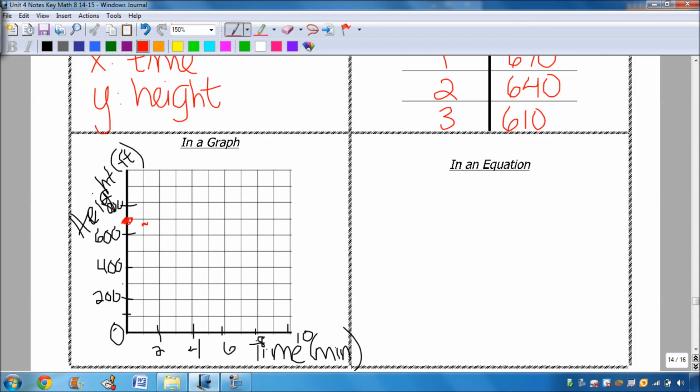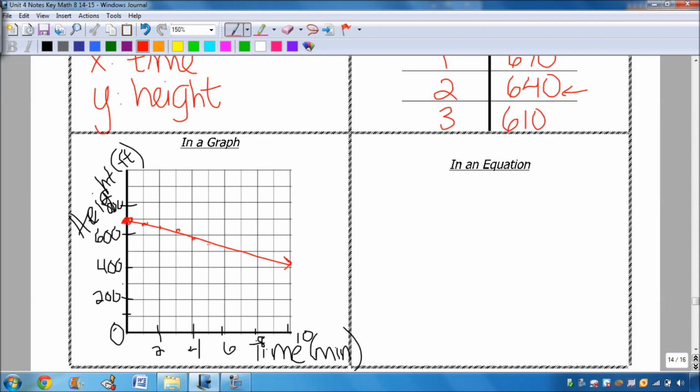At time 2 minutes, it was at 640 feet. And then after 3 minutes, it was at 610 feet. And it would keep going down by 30 feet every minute. So this is what it would end up looking like right here. Okay? And then you would connect it. You should get a straight line, just like that. And there's your graph. Okay?